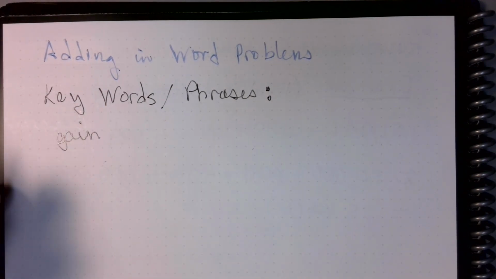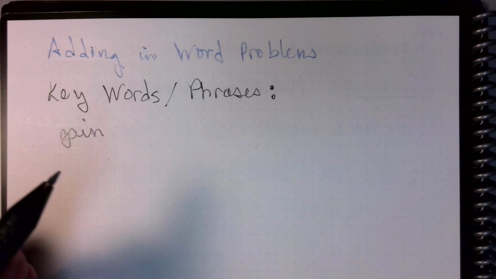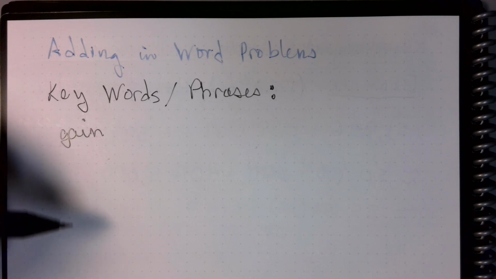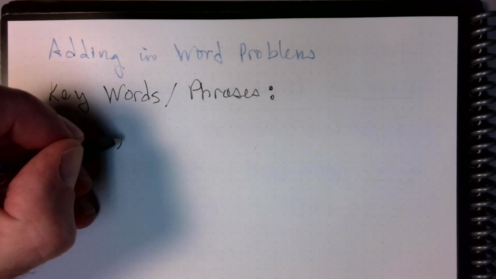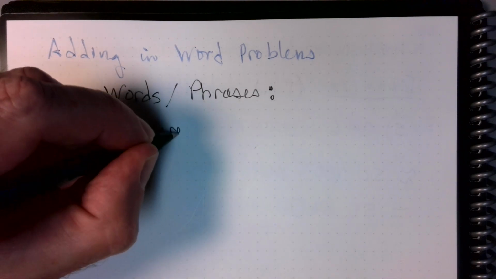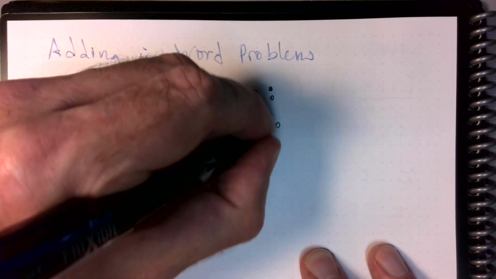Gain. Okay, if there's a gain, we are increasing a quantity. Okay, if, I don't know, a YouTuber gains subscribers, he has added to his total number of subscribers, right? An increase. More than.